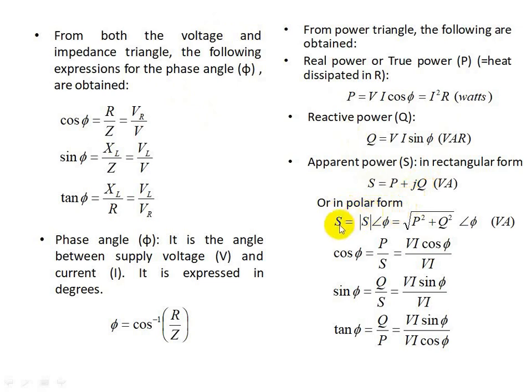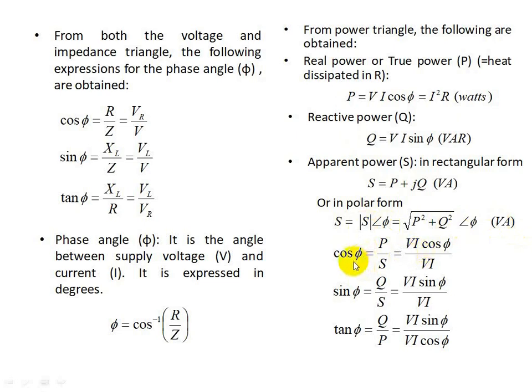In polar form, it can be written as S is equal to magnitude of S at phase angle phi. So this magnitude can be written as the square root of P square plus Q square, at an angle phi. So phi is nothing but the phase angle between the horizontal component and the hypotenuse, or between the horizontal component and the resultant vector.